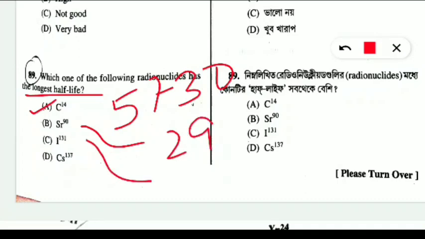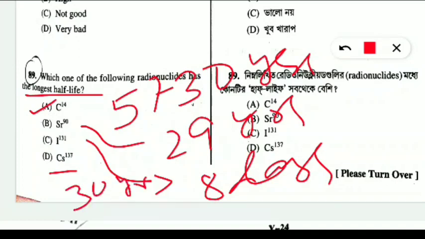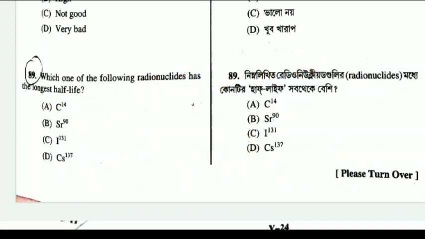And iodine-131 half-life is 8 days only, so this is the least. And then cesium-137, its half-life is 30 years. So you should note down: carbon-14 5730 years approximately, strontium 29 years, iodine 8 days, and cesium 30 years. So let's move on to the next question.